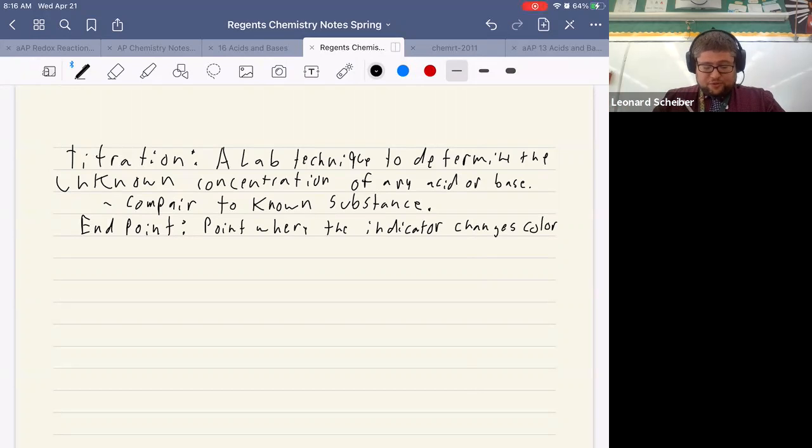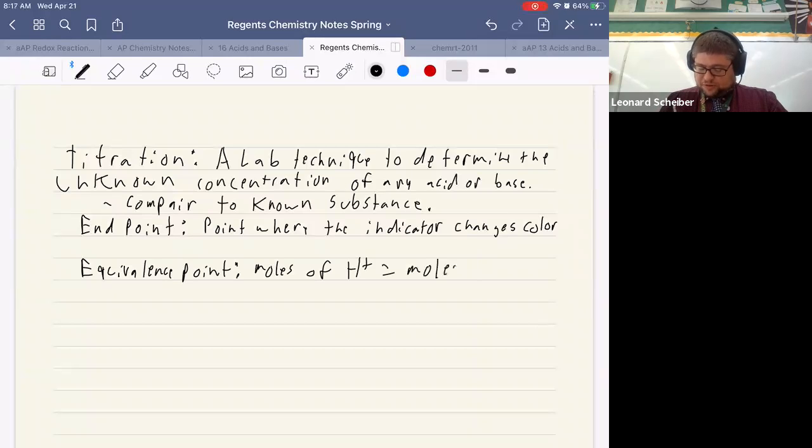And the other important portion that we want is called the equivalence point. The equivalence point is when the moles of H plus in the solution equal the moles of OH minus. And the cool thing is that we just learned that formula. So the neutralization formula is also called the titration formula.